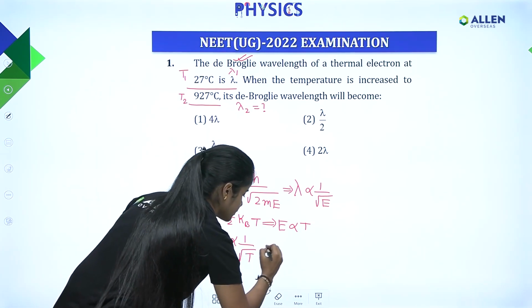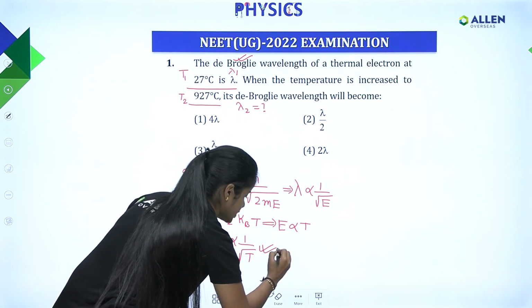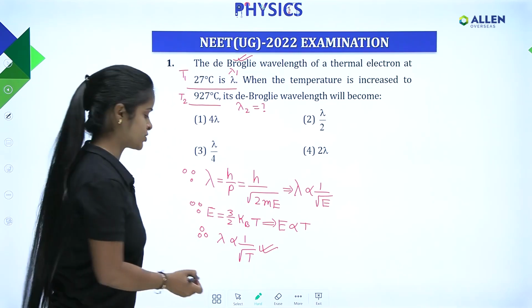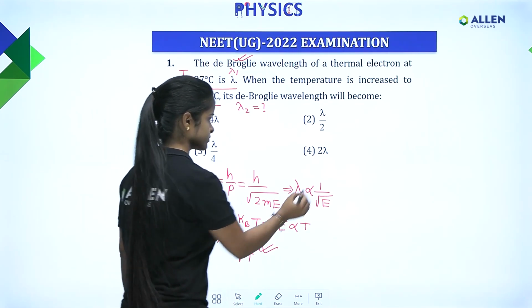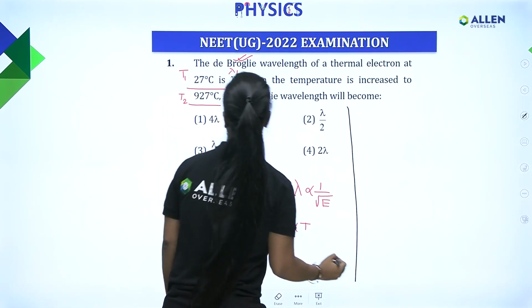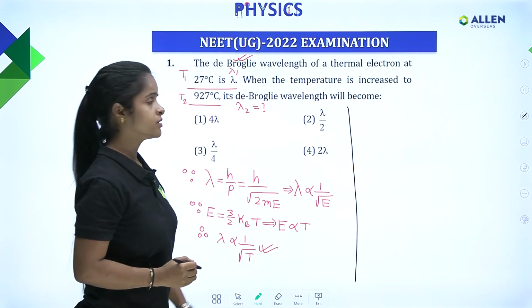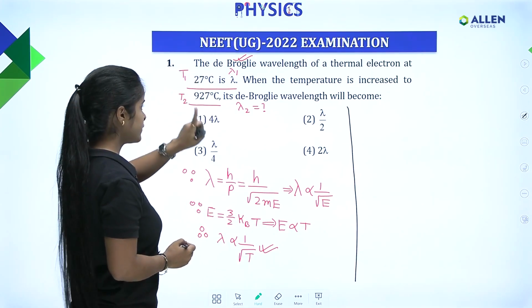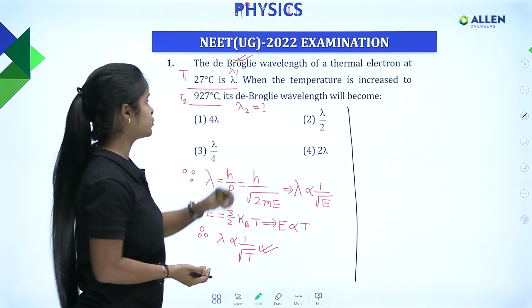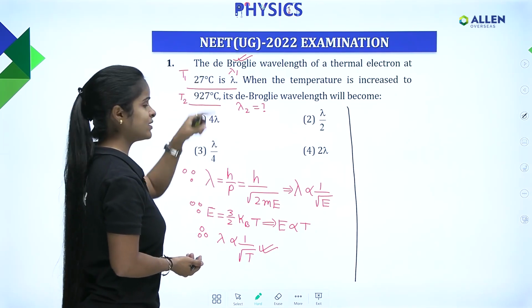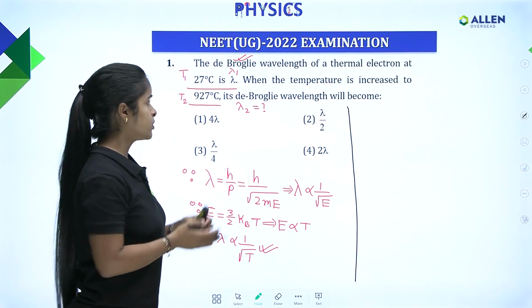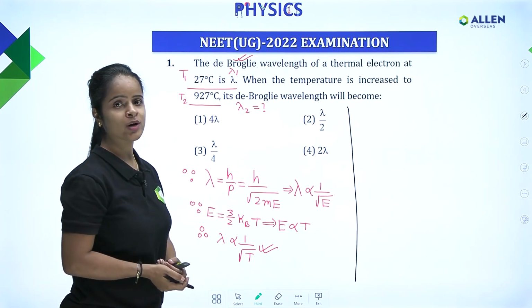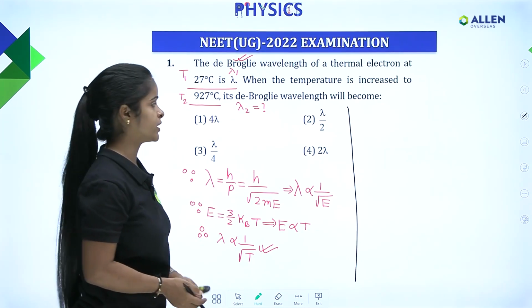Now I am going to use this relation to solve the question, right? Here I have already mentioned the initial temperature, that is Ti equals 27 degrees Celsius. So the very first thing that you should do is convert this 27 degrees Celsius into Kelvin, because we usually use the SI format for our solution, right?